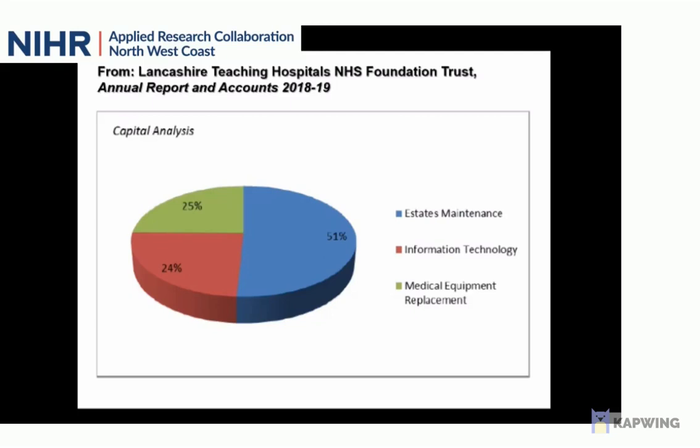So here you have 3 categories: estate maintenance, information technology, medical equipment replacement. And as you can see, it's quite immediate to understand what's going on in this pie chart. You can see estate maintenance is basically covering more than half of the pie, and then you have smaller slices for the other 2 items.